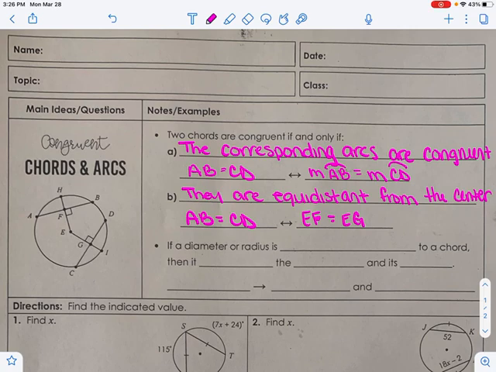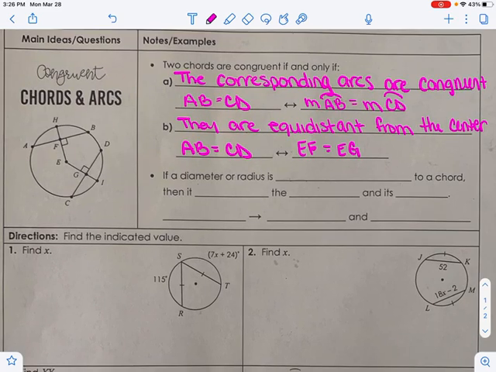Okay. And last but not least, if a diameter or a radius is perpendicular to a chord, then it bisects. Remember, bisects is cuts in half. The chord and its arc.